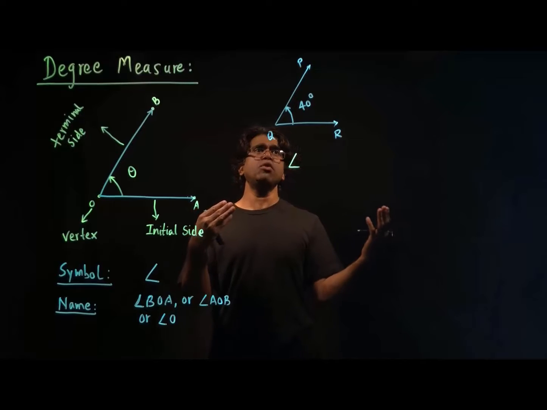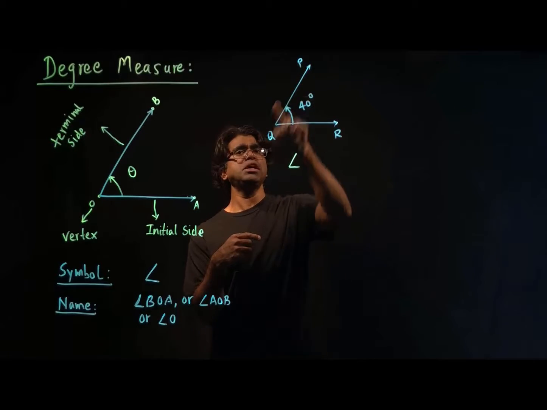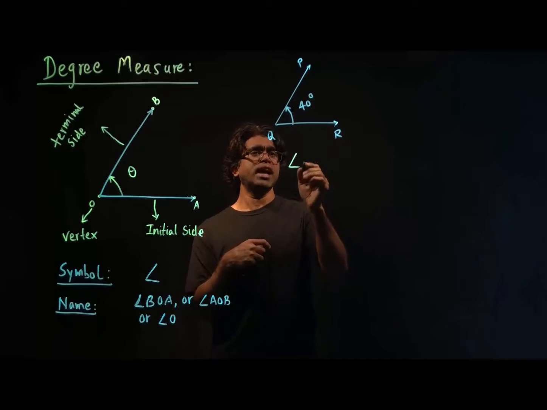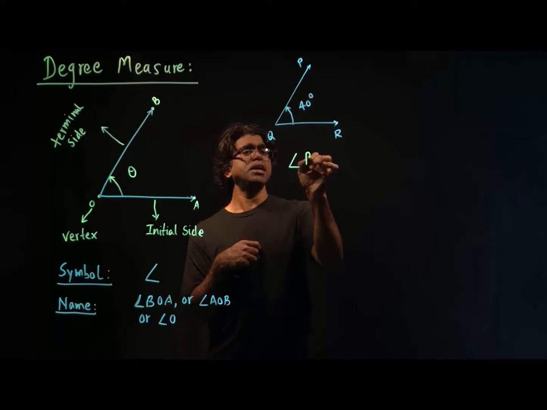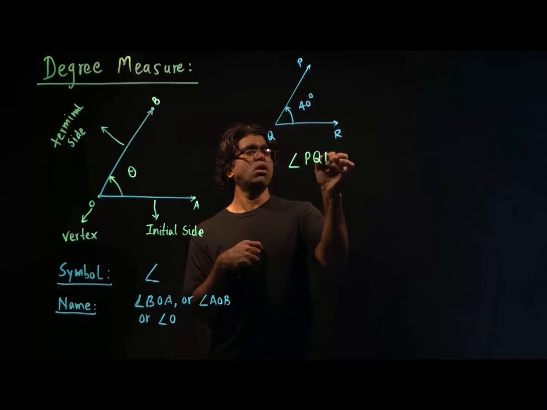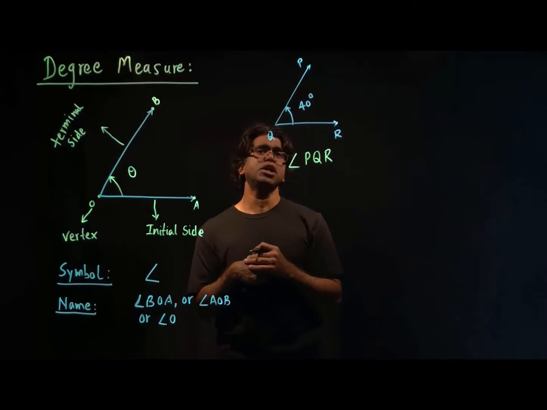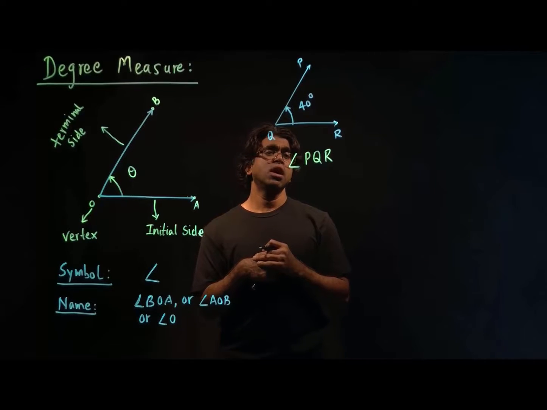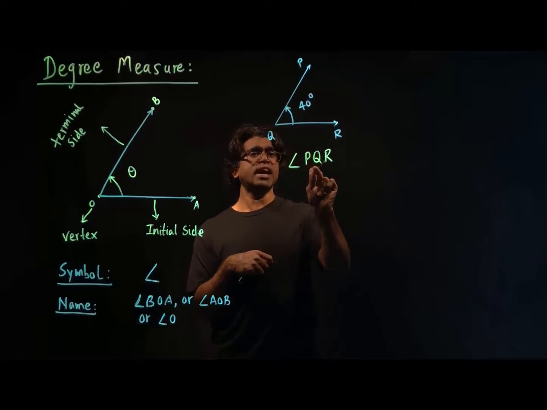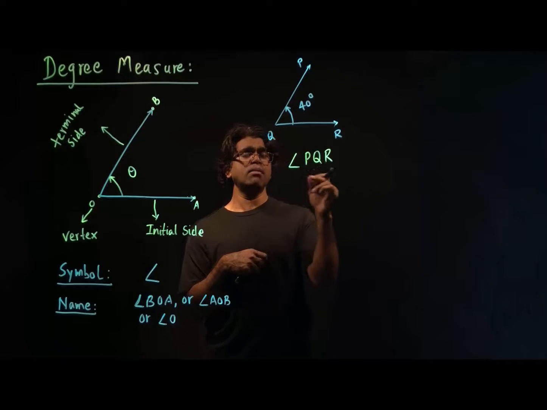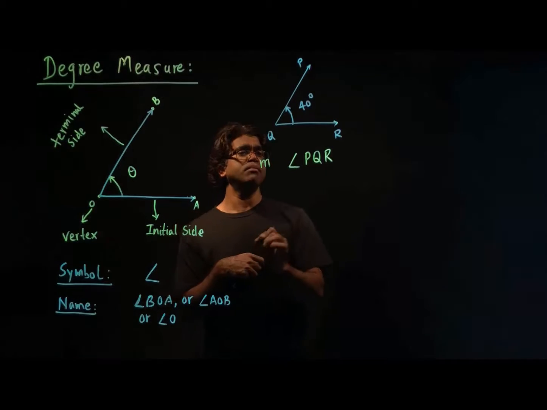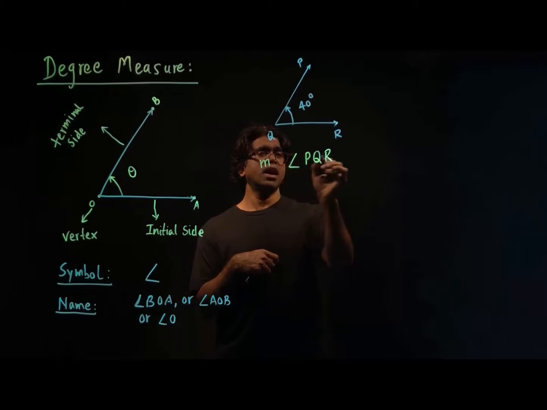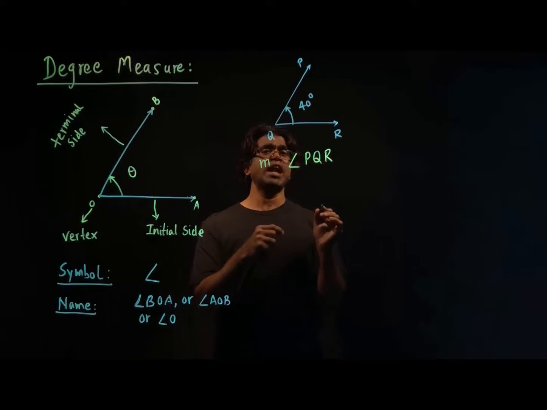Right now I'm going to use PQR to represent that angle. So the name of this angle would be PQR. This is my angle PQR. And how do I say this angle is 40 degrees? I will use a small m, and then I can add the value of the angle.